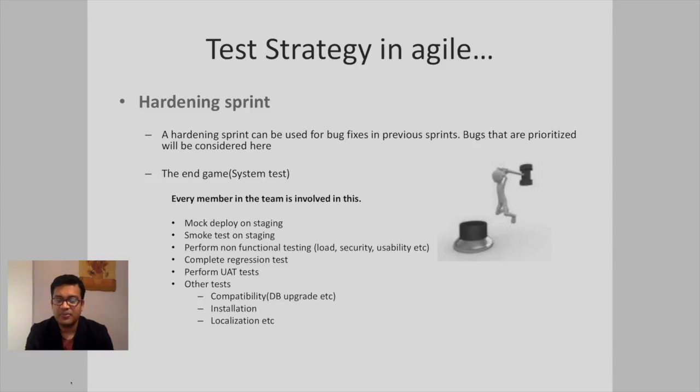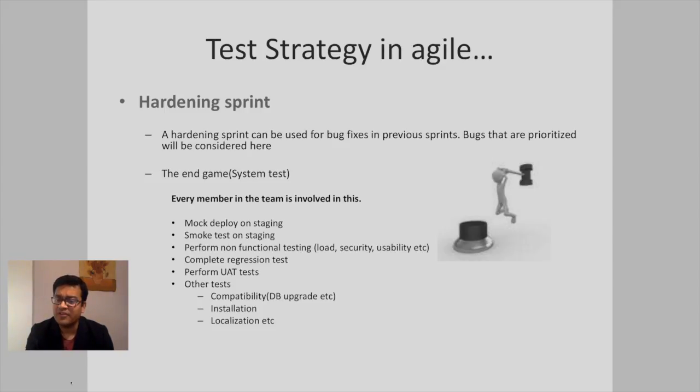Everybody from the QA point of view is ready to see the mock deploy on staging, smoke testing on staging, and then perform non-functional testing just to make sure that it is working fine in terms of load testing, performance testing, security, and usability. A complete regression test has to be executed. There shouldn't be any deviation, and then user acceptance testing.